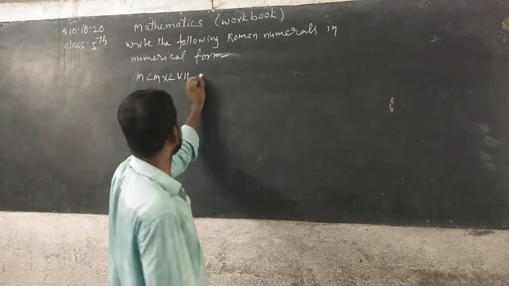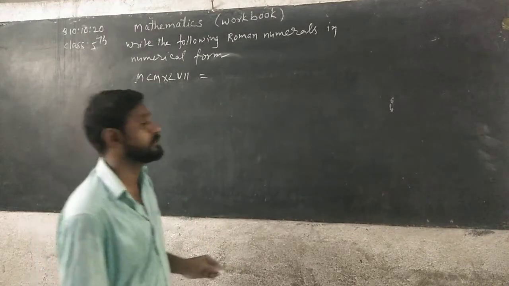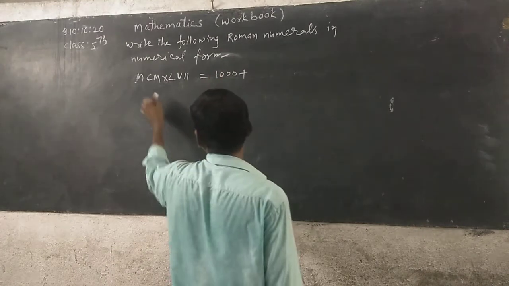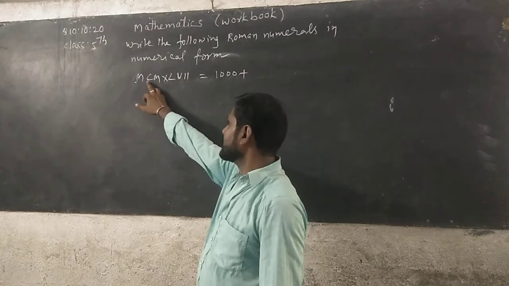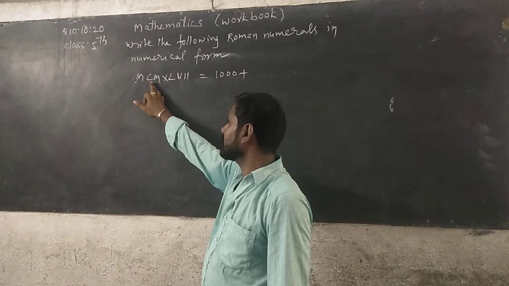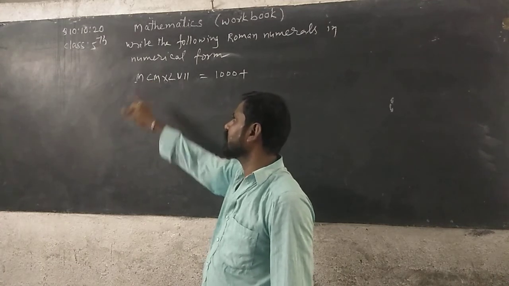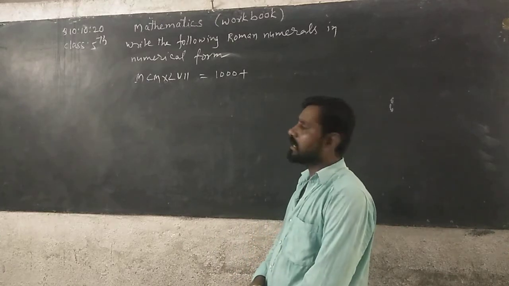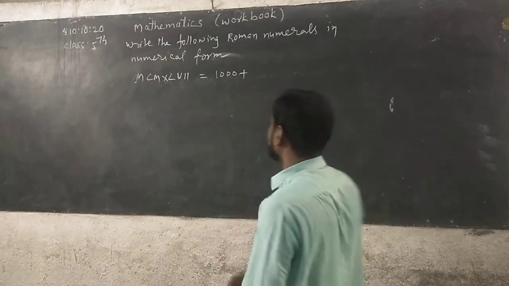See here, M means 1000, plus CM. C means 100, M means 1000. See here, the smaller value is on the left side of the bigger value, then you subtract. 1000 minus 100, you get 900.